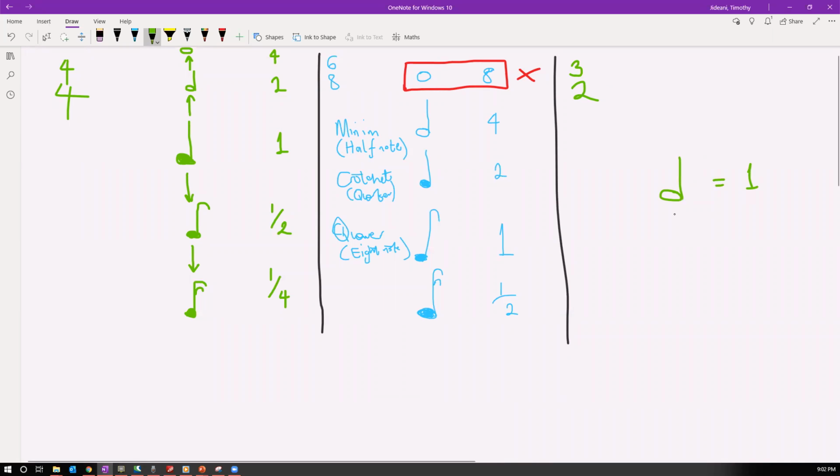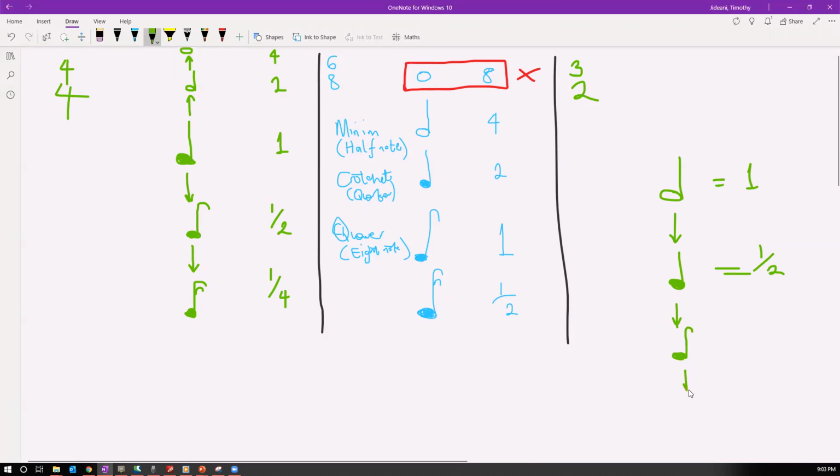Okay. If we go down the line and we see in the music that it tells us we have 1/2. Okay. If we go down, we have a quaver.